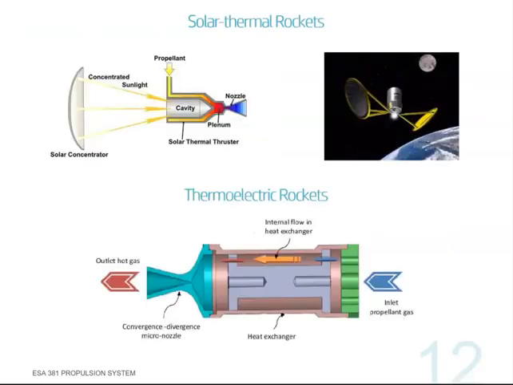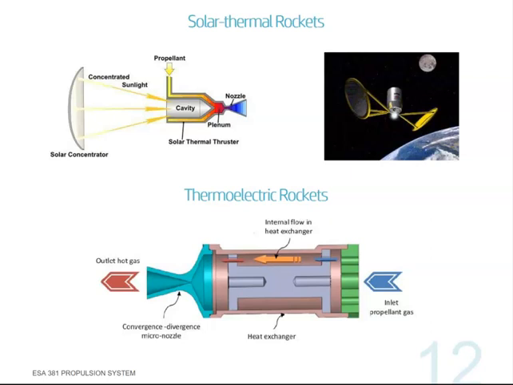And we also have solar thermal rockets and thermoelectric rockets. You can have a look at this, which is solar. We use concentrated sunlight in order to activate the propellants and also then giving a thrust to this rocket.